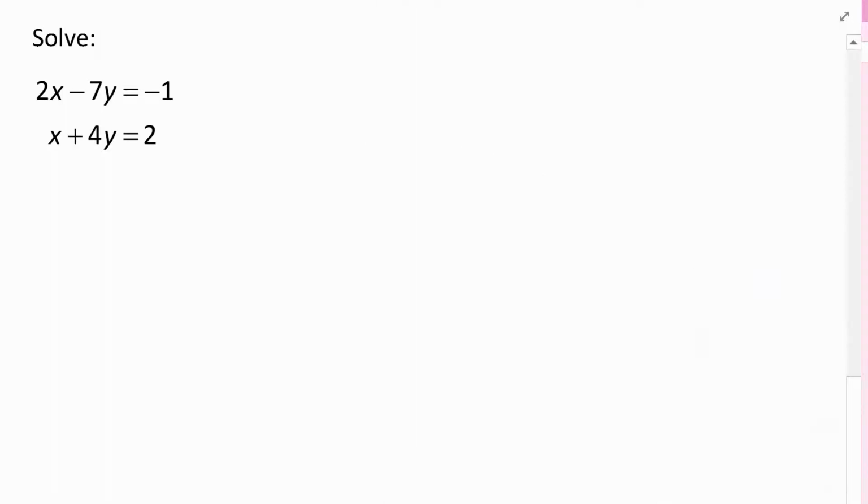Solve. 2x minus 7y equals negative 1, and x plus 4y equals 2. So isolate one of the variables here. It wouldn't make sense to solve for 2x in the first equation, nor would it make sense to solve for y. Isolating x and y in that equation is going to introduce fractions and it's going to get ugly.